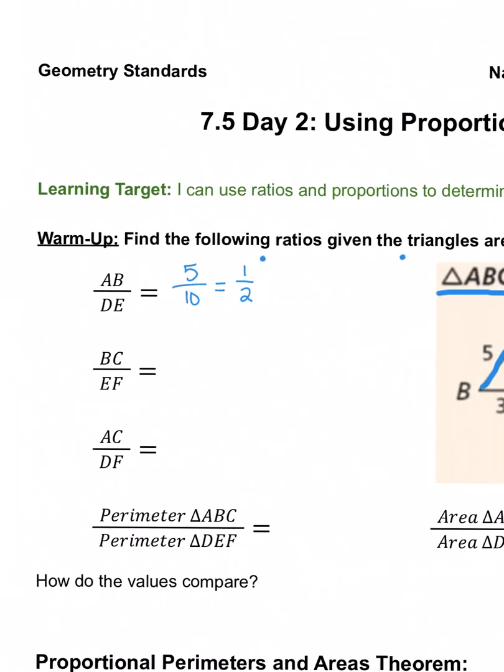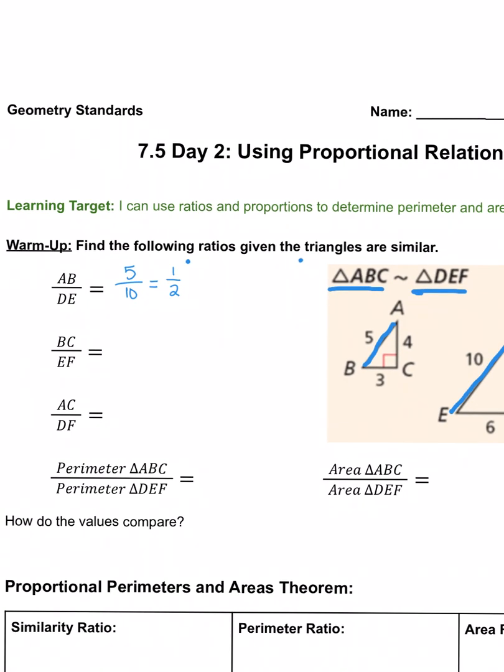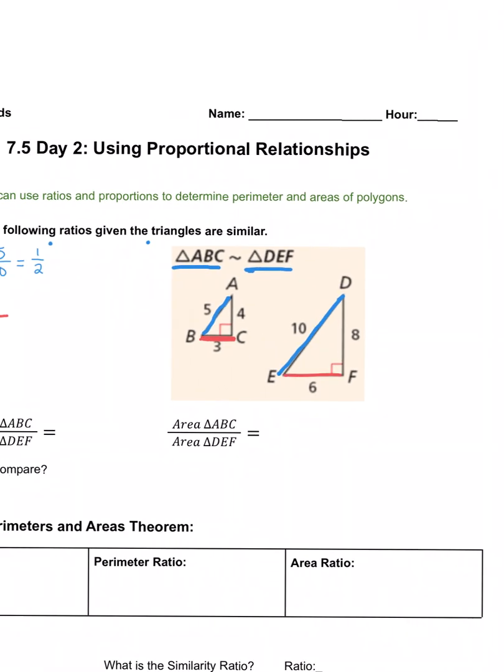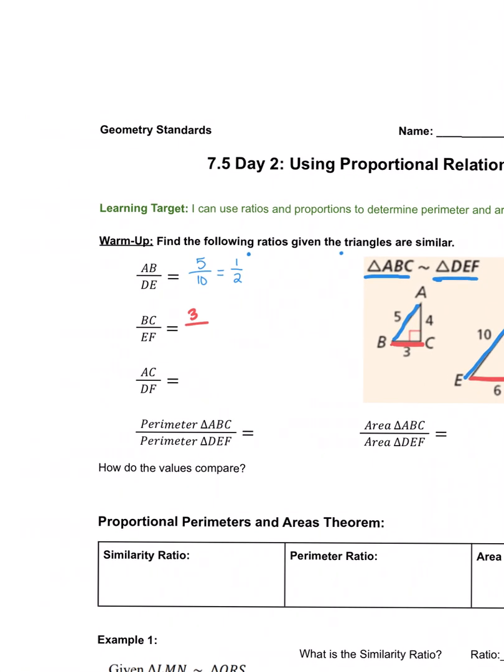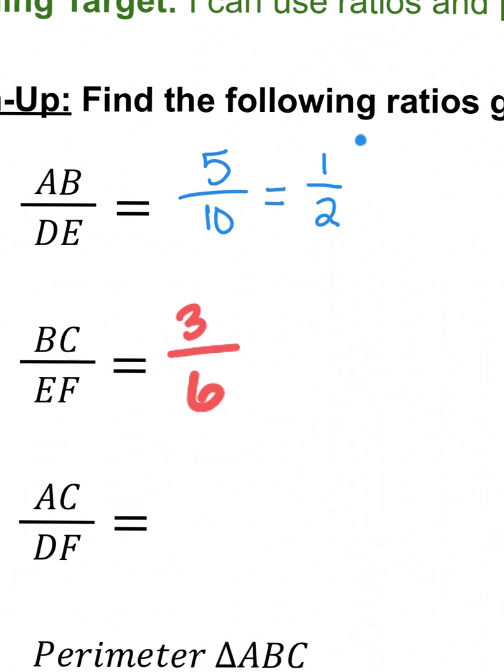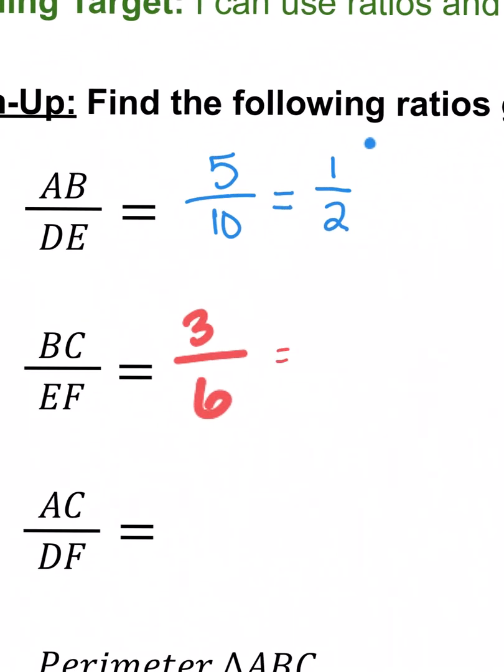Now let's work on BC. BC, connect those two letters, is 3. EF, connect those two letters, is 6. Again, type 3 divided by 6 into our calculator, and it will simplify to 1/2.